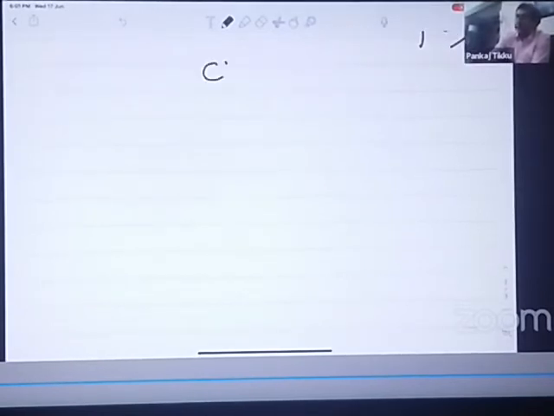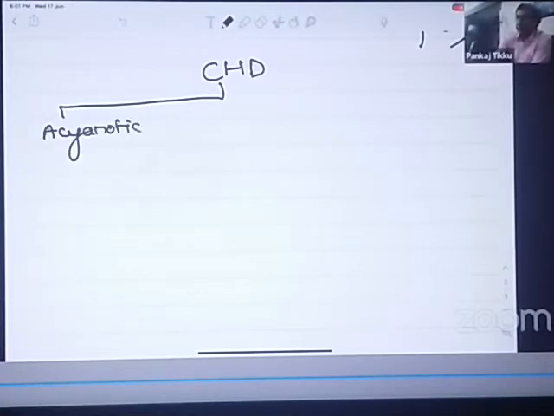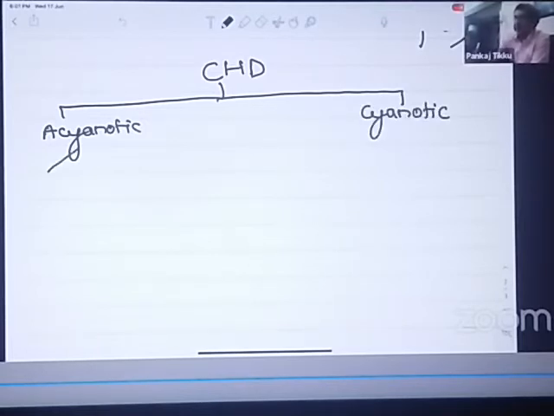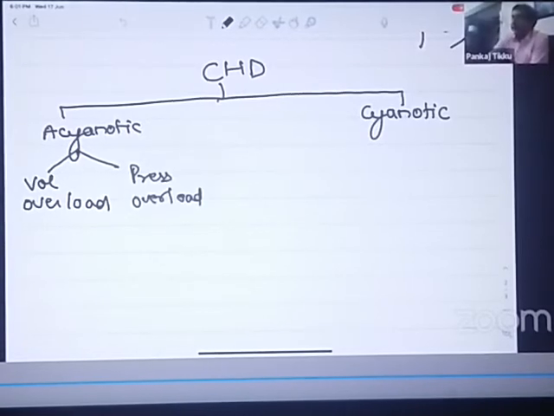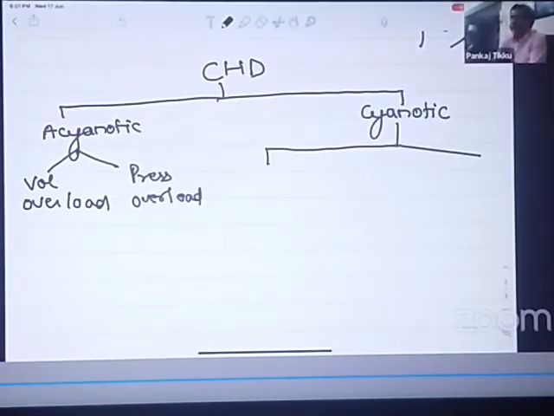So, congenital heart defects, I told you are acyanotic, and I told you are cyanotic. Acyanotic, again I told you are volume overload and pressure overload. Now let us come to cyanotic heart disease. Cyanotic heart diseases are divided up into 2 categories.